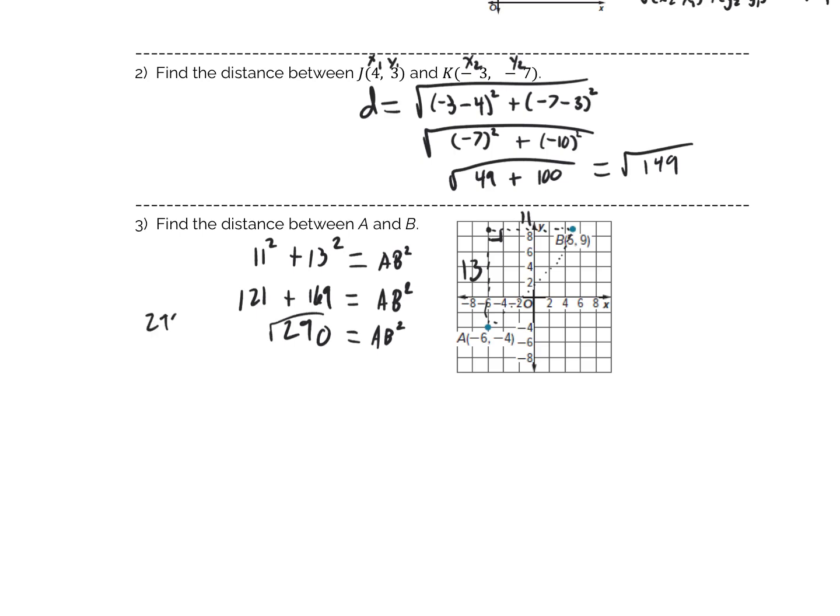Let's see, 290. And pull a 2 out, and that leaves behind 145. 145, I know I can pull a 5 out of that.